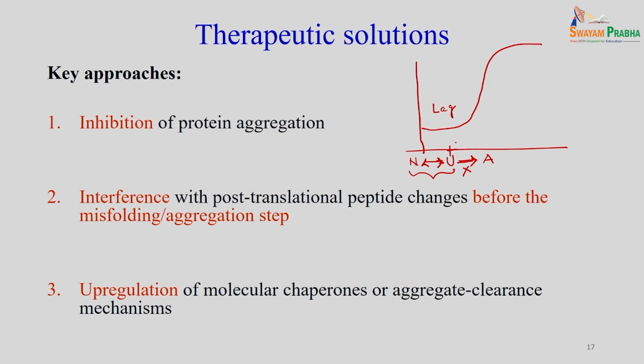If you add an inhibitor, this particular intermediate can bind to the inhibitor, so that there is no binding site available for the monomeric protein to the nuclei, so that the formation of aggregates can be avoided. And another step is, if the aggregates are formed, they can be chemically degraded.